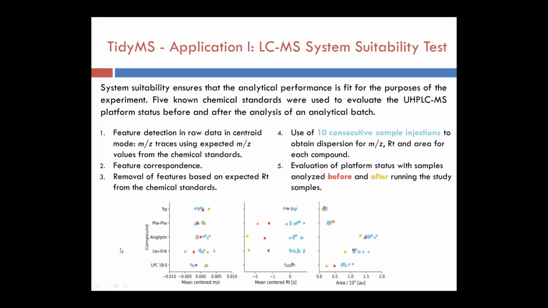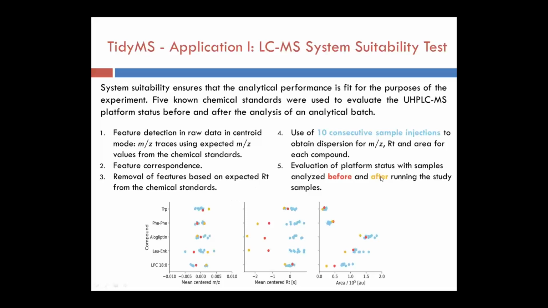And so then TidyMS, by means of the raw data preprocessing capability, allows feature detection in the raw data in centroid mode by picking the M/C traces using expected M/C values from the chemical standards, then applies a feature correspondence algorithm and removes features based on the expected retention time of the chemicals from the chemical standards.